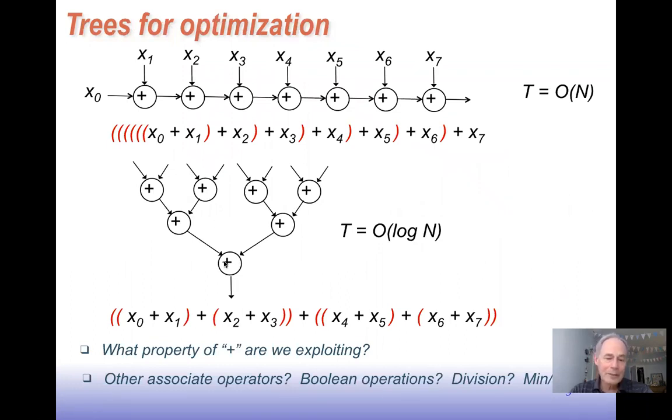But in order to make this work, the operators involved in the reduction that we're computing have to be associative, so that we can regroup to change the order that we're doing the subproblems, right?